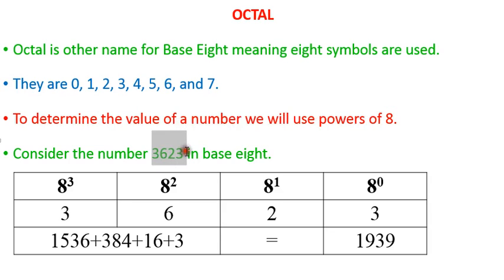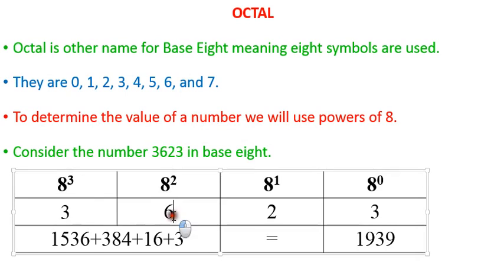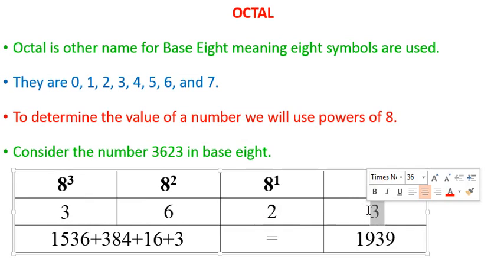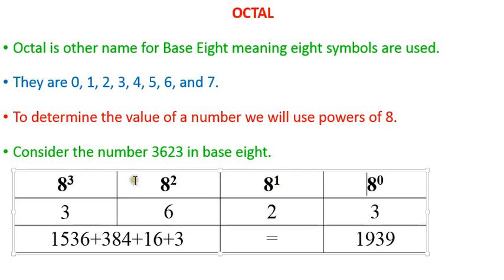For instance, we are given 3623 in base 8, and we are asked to change it into a base 10 number. Then I'll arrange them like this. My 3 should be here, my 6 should come here, the 2 should be here, and the 3 should come here. And on top of them, as I did on the binary, I will arrange these 8s, 8 here, 8 here, 8 here, 8 here, no matter how many they are.